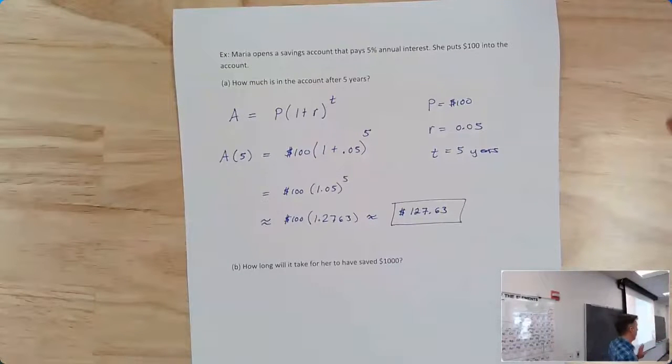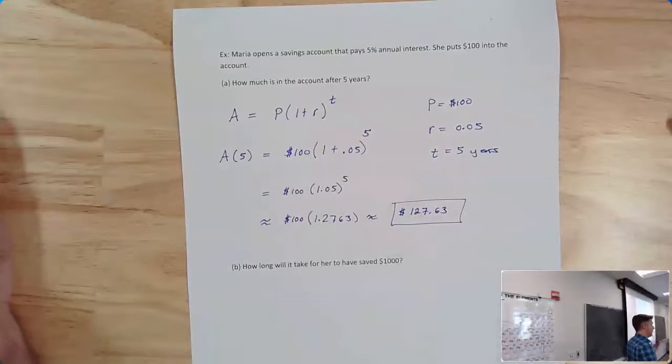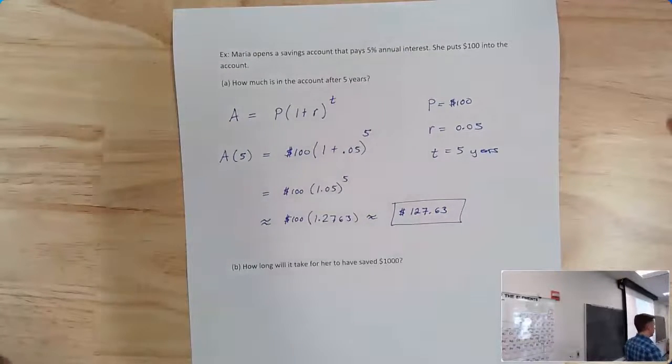Just to contrast that with actual simple interest: if we were getting simple interest on this $100 at 5% for 5 years, we would get $25. We'd get 5% every year on the original amount, no compounding happening. So that's what simple interest is, but it's not a very real-world concept.